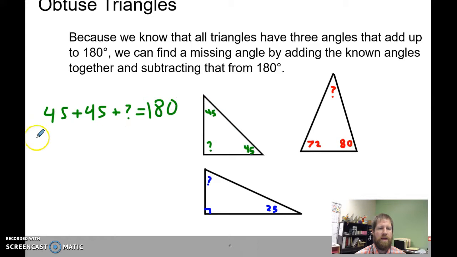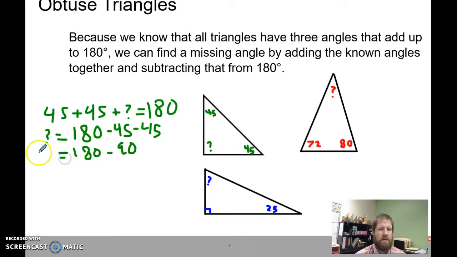Or another way of writing that is question mark is equal to 180 minus 45 minus 45, or in this case, minus 90. 180 minus 90 should be equal to 90.